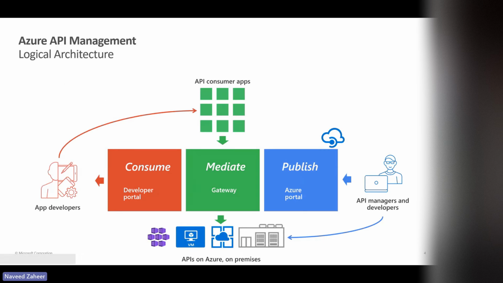So let's quickly go over Azure API Management. This is a logical architecture. It's an API broker service from Microsoft. It allows you to separate the implementation of your API from presentation. Your APIs may be implemented in SOAP, REST, or they may be using different sort of authentication or a different sort of format.